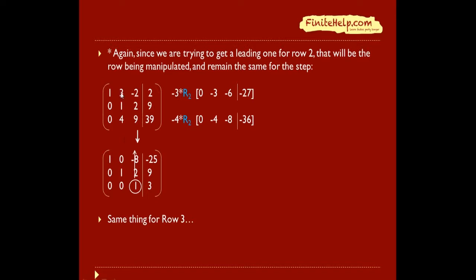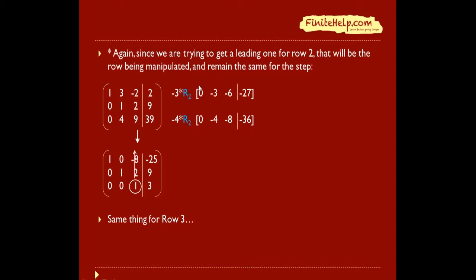So I manipulate row 2 by multiplying by negative 3 to get rid of this 3 over here. Again, we are multiplying row 2 and we put it right next to row 1 because we want to eliminate the old row 1. But we don't want to make the mistake of multiplying row 1 again.